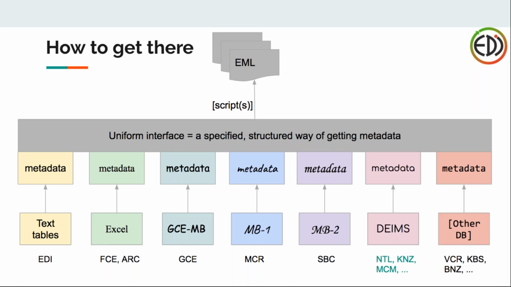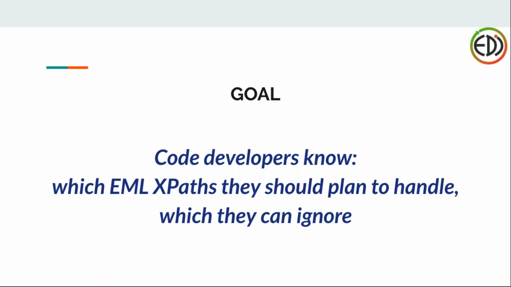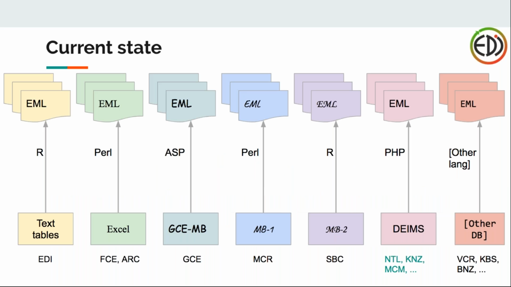Yeah, the thing that was first confusing me about this diagram was when I saw the level that says metadata, I was thinking that was the EML, because that's what I think of as my metadata. When I produce metadata, I produce EML. Yeah, I mean that's the phase we have right now.